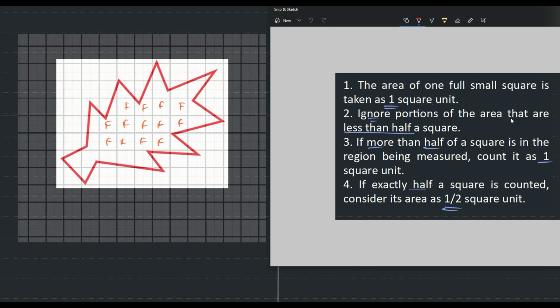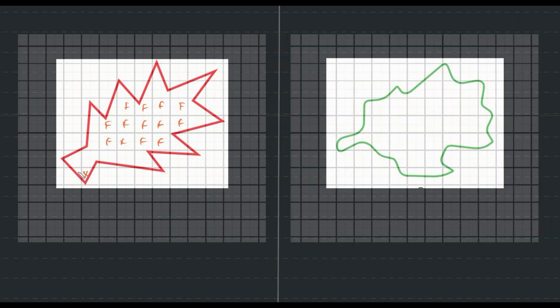Next, ignore the portion of the area that is less than half a square. So let me do that. So this is less than half. So ignore that, ignore that. Then what else can I ignore? So this small space I can ignore, ignore. This is a bit more than half. This is more than half. This is more than half. This is less than half. Ignore. This is less than half.